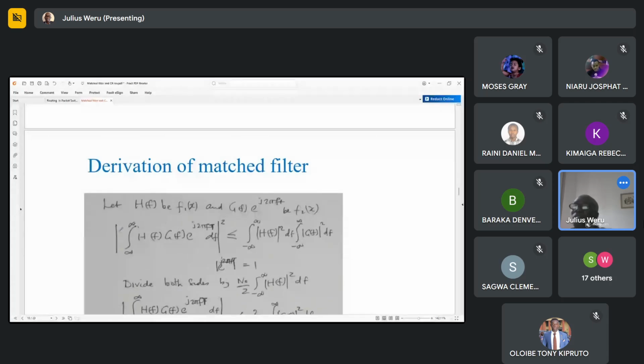So let's see. We want to compare the two using our equations of interest.